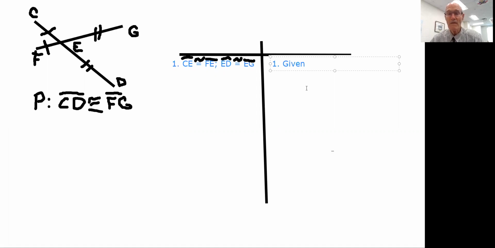So now, the next thing we do, number 2, if you're used to what we've done here, we get from the congruency to the equality. So we can say CE is equal to FE and ED is equal to EG.